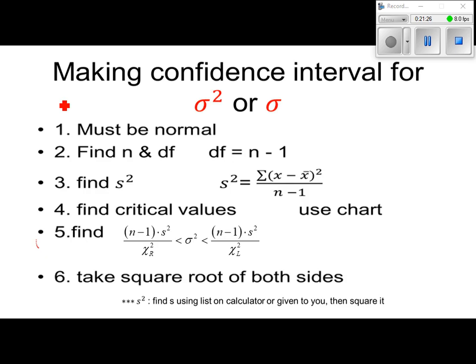So making a confidence interval, things you gotta do, or things you gotta have. First of all, it's gotta be normal. They're gonna tell you that. Number two, you gotta find your N and your DF, your degrees of freedom. Number three, find your variance of the sample, which we could do using this formula. They're probably gonna give you this each time.